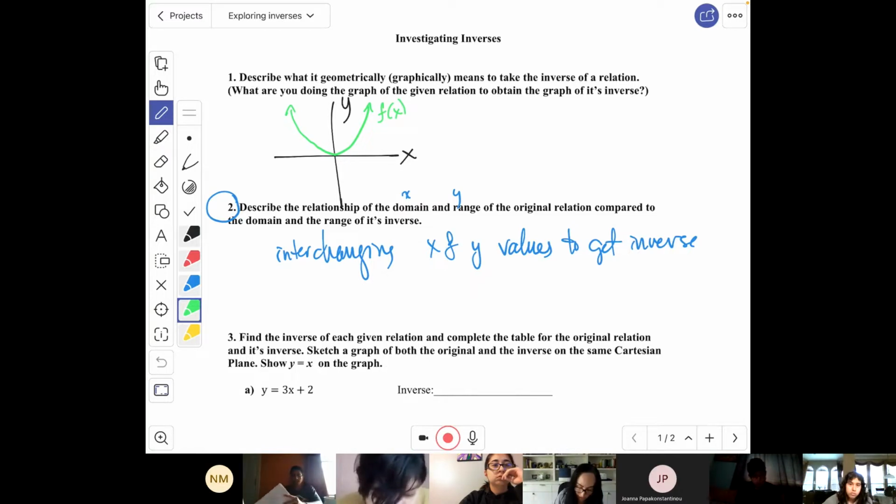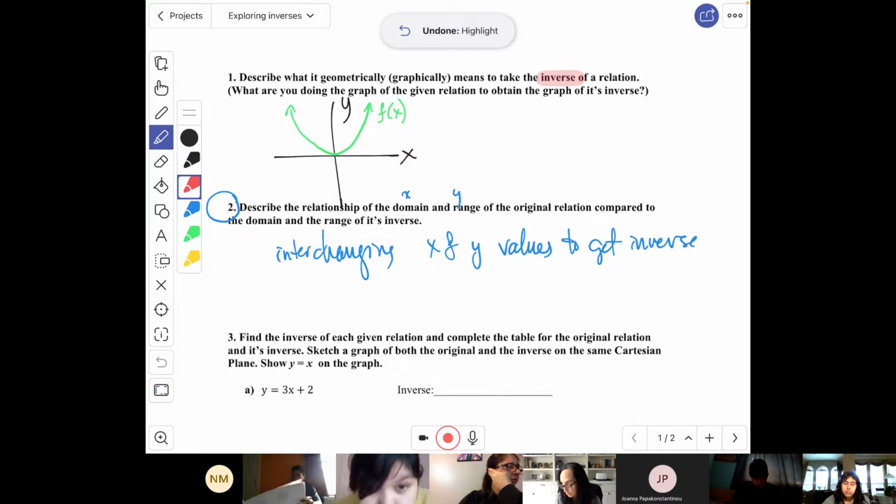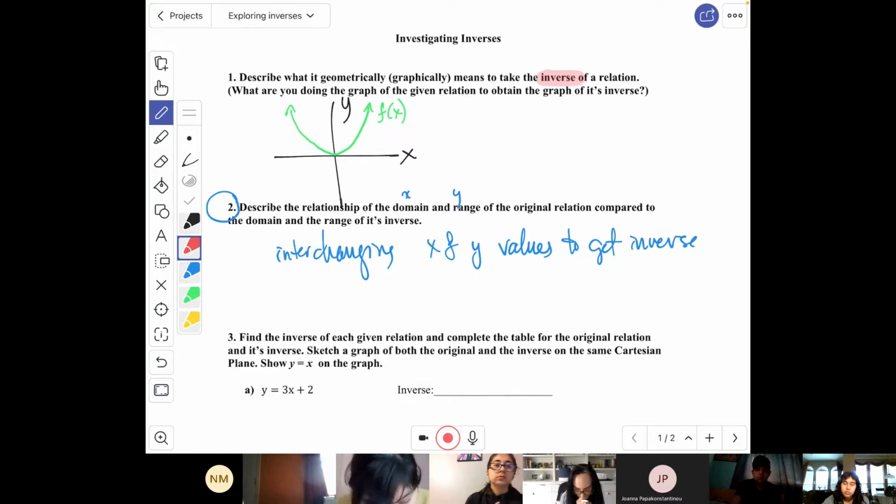If I ask you to take the inverse, what are you doing? What does it mean to take the inverse? We did an activity yesterday with patty paper, with folding paper. What did we do? You reflect across y equals x.